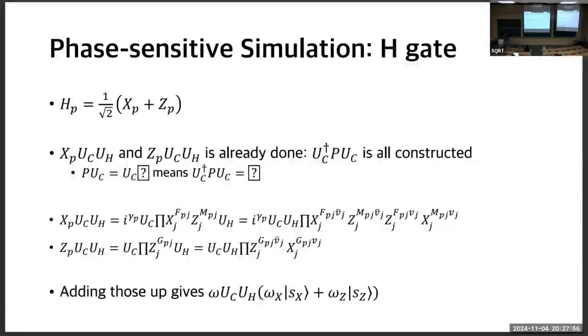So we have Pauli gates applied to UC, but we need to have UC at the front. So we need to change the order, and that order change is already constructed by UC dagger P UC. So we can apply X_P to UC UH to use that definition of UC.